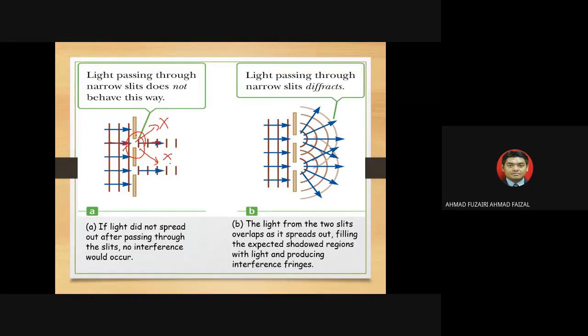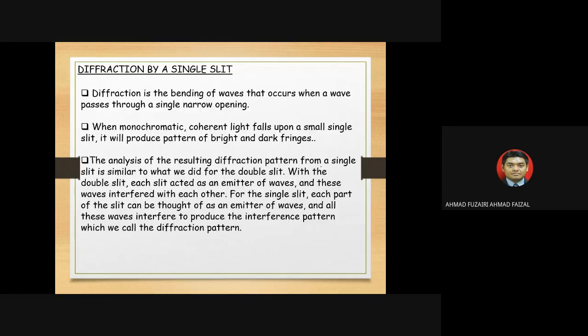Look at figure B: the light from the two slits overlaps as it spreads out. It spreads out from slit number 1 and slit number 2, and therefore it interferes with each other, combining to give the bright and dark fringes. So, diffraction by a single slit.